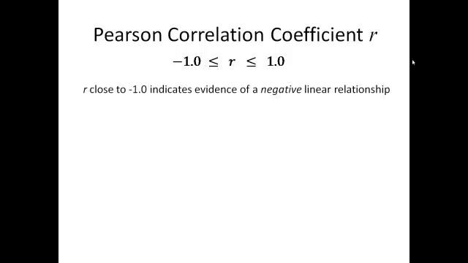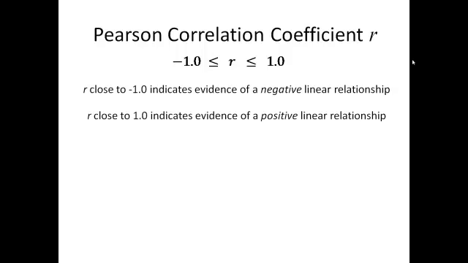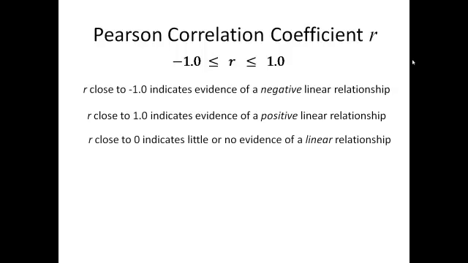Now what we'll say is, if R is close to -1, then that indicates evidence of a negative linear relationship. And we'll talk in a second about what that means. If R is close to +1, that's evidence of a positive linear relationship. And if R is close to 0, that indicates little or no evidence of a linear relationship.